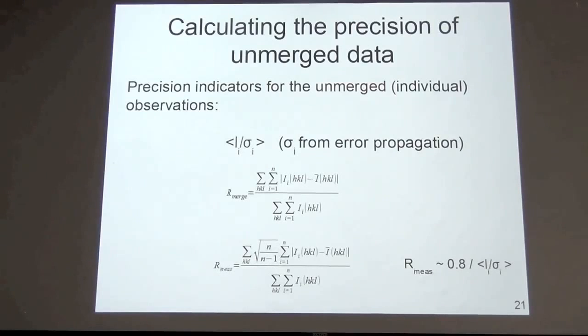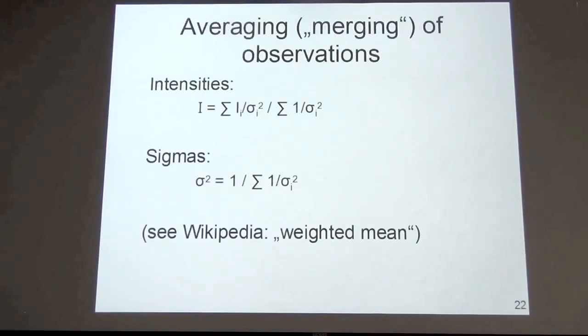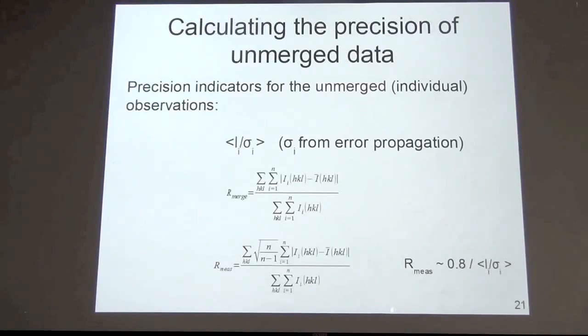So since then, R merge should not be used anymore because R meas is more reasonable as a precision indicator because it does not depend on the number of measurements that you're doing. But people have been a little bit reluctant to use it because the numerical values of this formula are a little bit higher than those from this formula. So this is psychology, sociology, and whatever you like. This is not science, but something else.